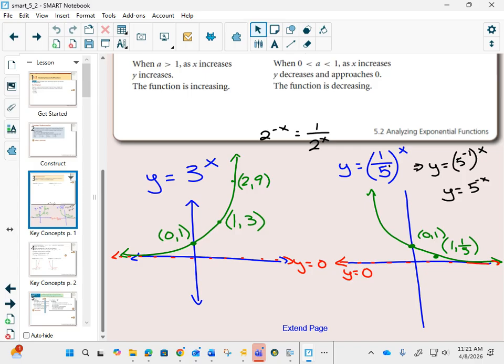So could we have included this in our very first chapter, chapter 3, and done all the transformations? Absolutely. It's not crazy new parent graphs. However, it's kind of nice to take a break from that and then get built-in review. We're going to get built-in review of chapter 3 in this unit because we're going to graph all of the transformations with exponents.